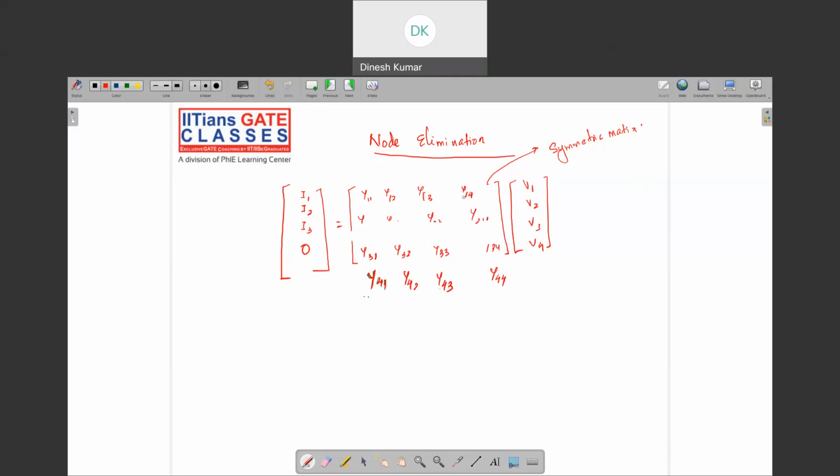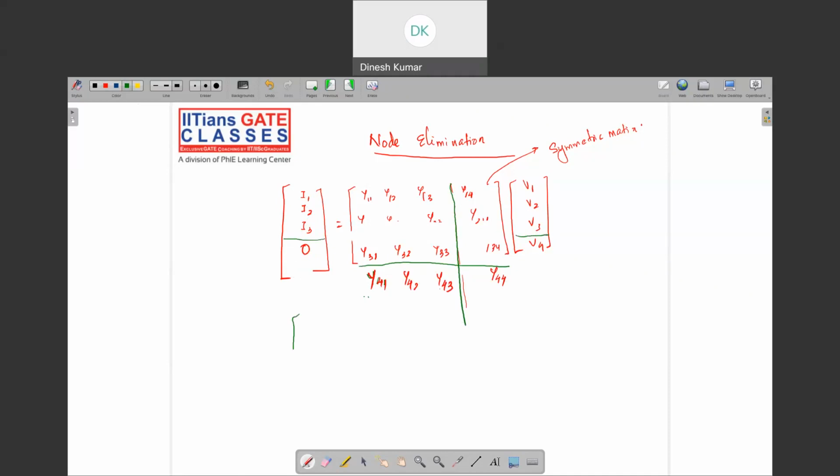Because there are 4 equations here, there will be a 4 by 4 matrix. Now we will make a column partition like this.